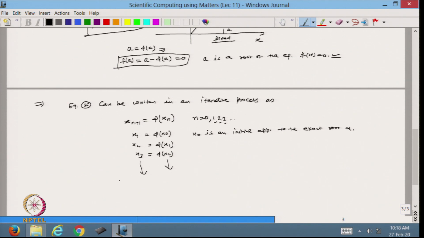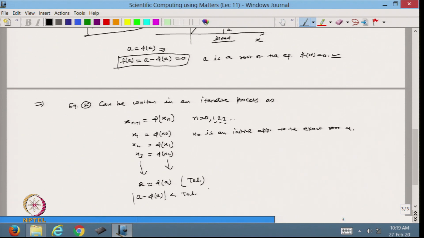After some time, when I need to stop, I will find that my value of a is approximately the same as the value of phi a. That depends upon my tolerance, how much tolerance I am giving. In this case my value of a minus phi a is coming less than the tolerance.